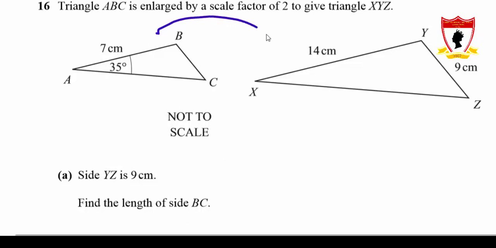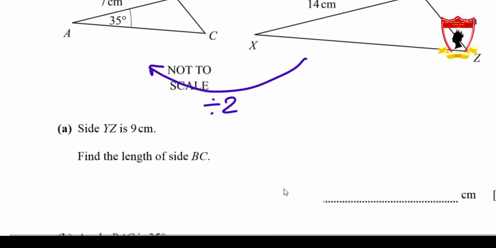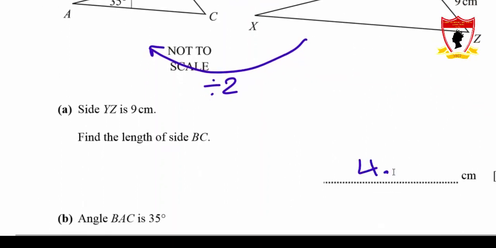Everything from the smaller triangle to the bigger triangle, all the lengths are multiplied by 2. So if we go back, the opposite of multiplication is division. So we have to divide everything by 2 to go back there. So side YZ is 9 centimeters. If we divide it by 2, it will be 4.5 for BC. BC is 4.5.